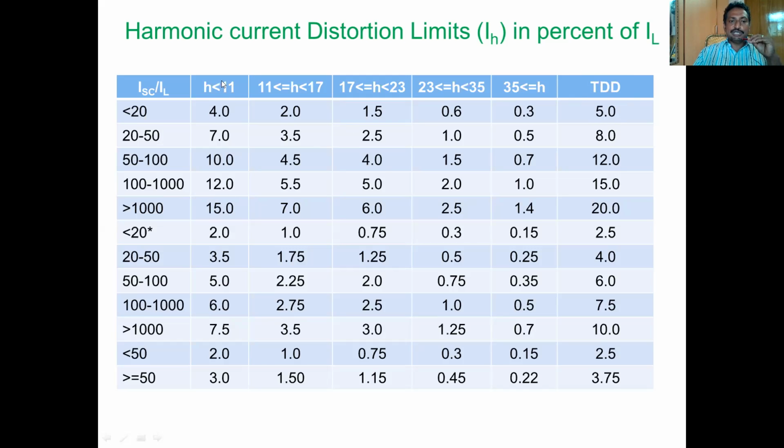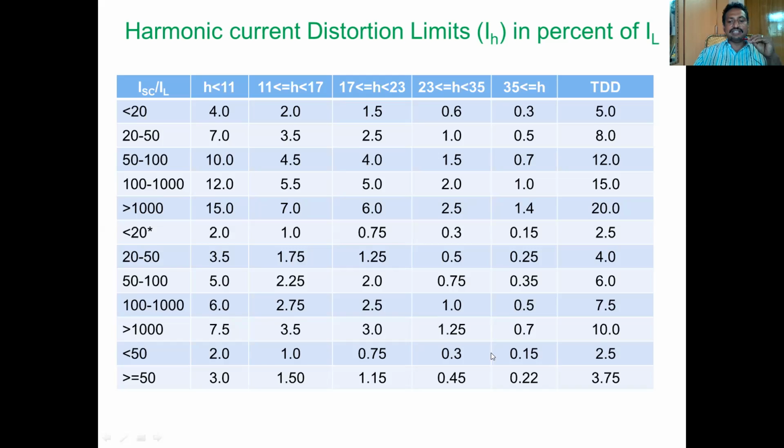In such a way, you see here, for H less than 11, see that more values. If H is less than or equal to 35, for less than 20, 0.3; 20 to 50, 0.5; 50 to 100, 0.7; like this will increase. Again up to 1.4. Again less than 20, 0.15, 0.25, 0.35 increases up to this.